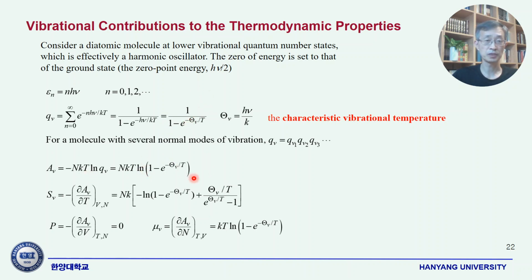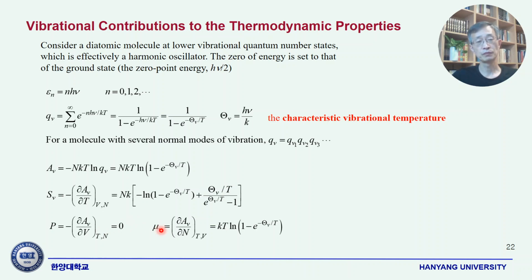We take the derivative with respect to T, with a minus sign, which gives us the vibrational entropy. For the pressure, we take the derivative with respect to V, but there is no V dependency, so the vibrational pressure is 0.